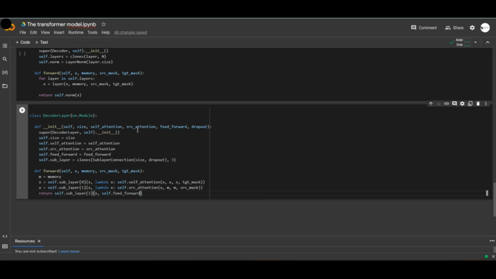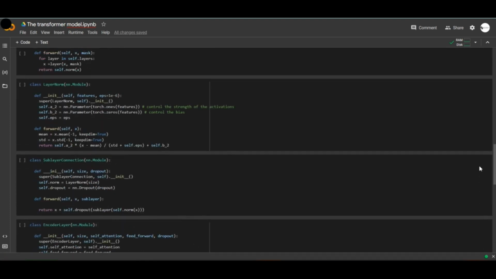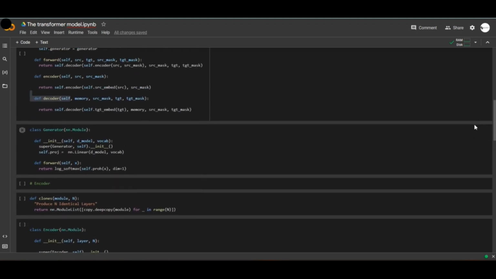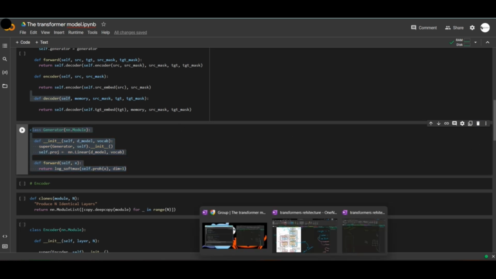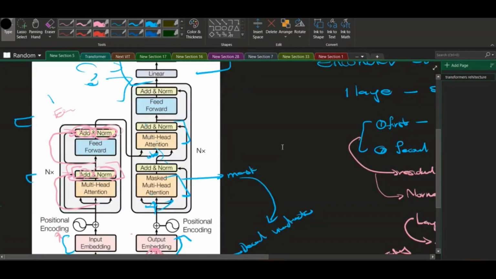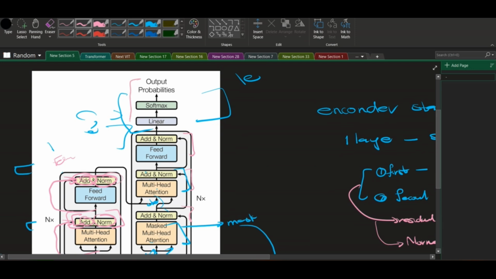Actually, on the decoder I'm realizing something: this generator is treated as a single thing. It's not necessarily a sublayer. Let's go to the architecture and I'll show you what I mean. You see, these are sublayers 1, 2, 3, and this generator here is treated as a standalone thing.